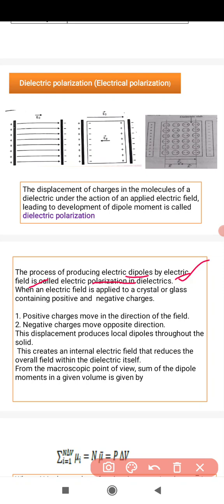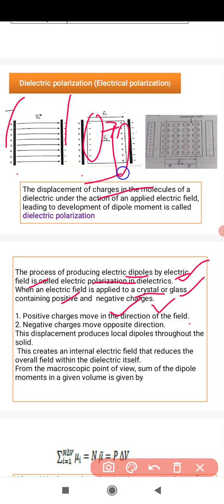When an electric field is applied to a crystal or glass containing positive and negative charges, see this side, two parallel plates having positive and negative charges. The positive charges move in the direction of the applied electric field, and the negative charges move opposite to the electric field.